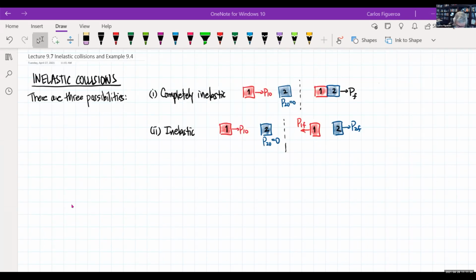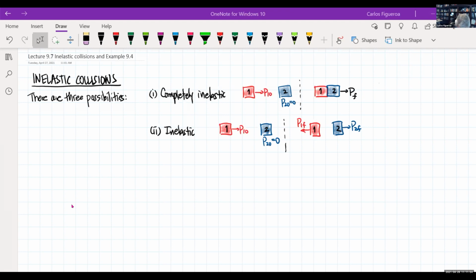And there are three possibilities. One, we talked about completely inelastic. That means an object comes in, it hits another object, and they stick together afterwards. Or I could have inelastic. That means they come in, they hit, and they could either go forward or they could bounce back.